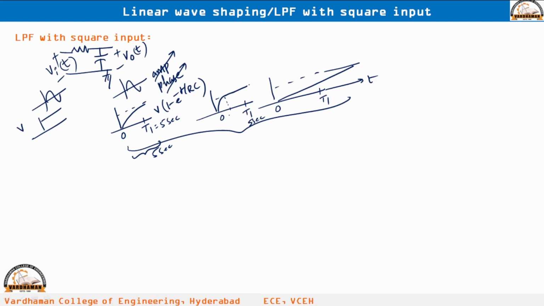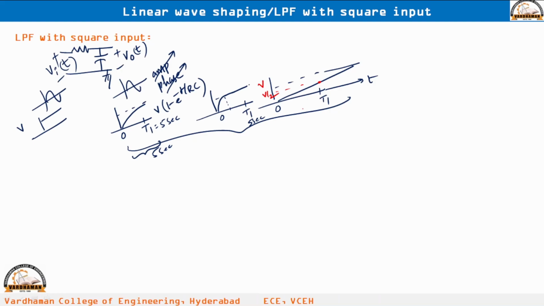But in the third case, even after T1 seconds is completed, the output did not reach V volts. You see at t equal to T1, the output level has reached approximately V by 2 only, not V. It reached just V by 2 at t equal to T1.